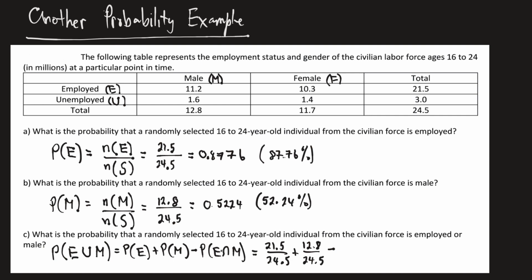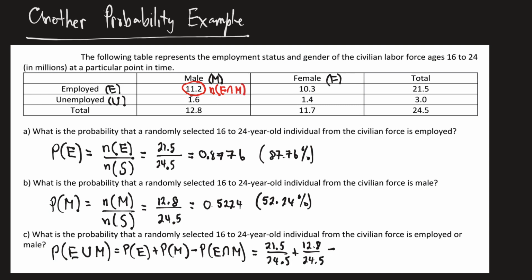But the intersection of E and M would be those in this category. So right here, this is the number of elements in E intersect M, right?